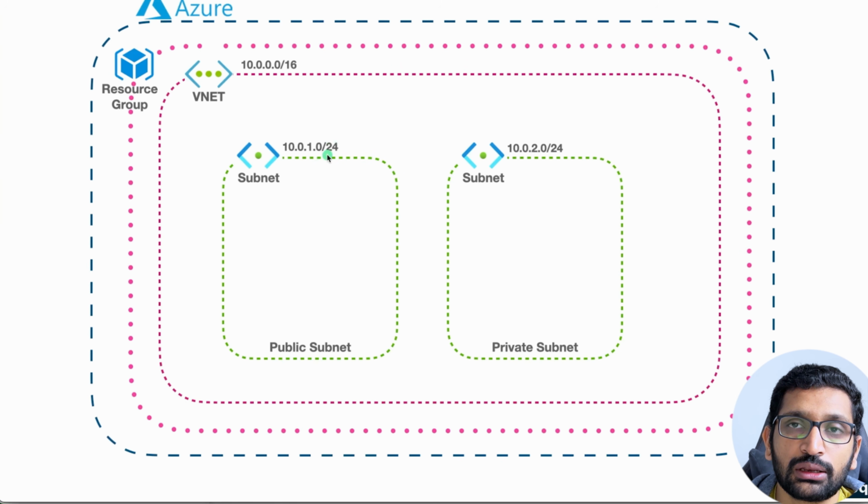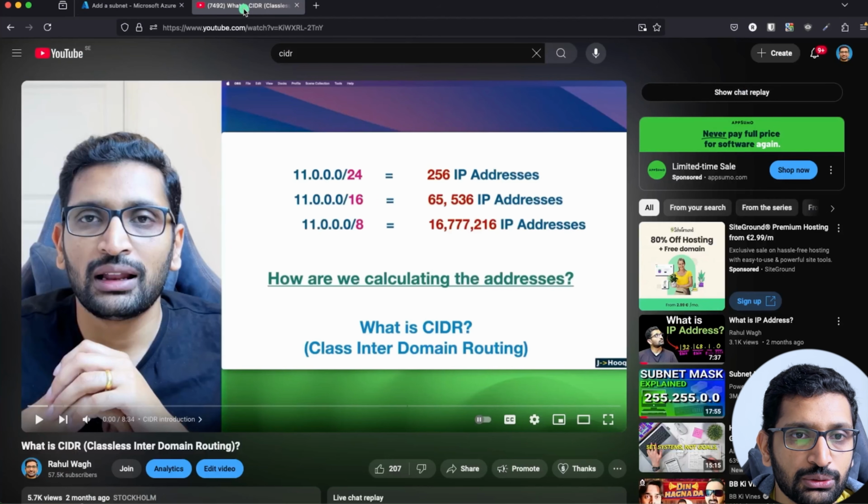If you increase the number of the CIDR range, ending with 24 now, then your IP ranges will reduce. Once you end up with a 24, you will get 256 IPs within that particular subnet. If you remember, let me show you that one.